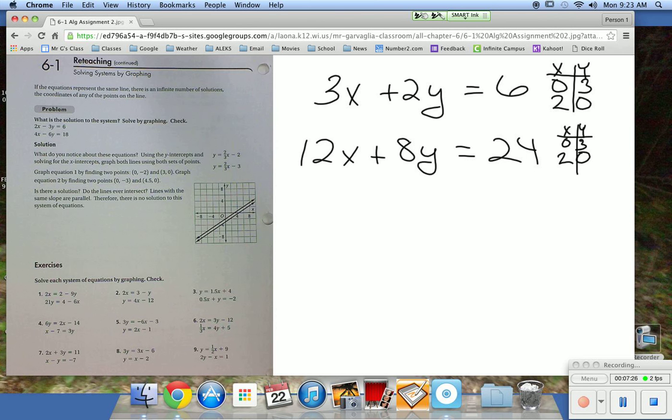All I did was multiply this one by 4. They're the same line. x and y can be anything they want, and it's always going to be equal.